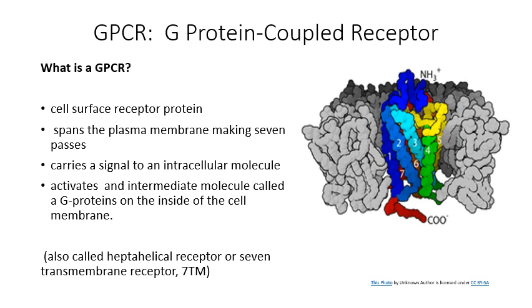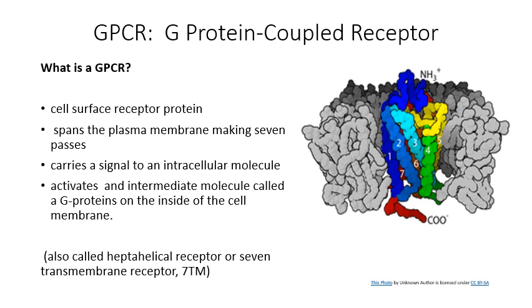And not only does it span it, but it makes 7 passes with its helices through the membrane. And it carries a signal to an intracellular molecule that is right inside the membrane. And that activates that intermediate or intracellular molecule. And that molecule is the G protein on the inside of the cell membrane.